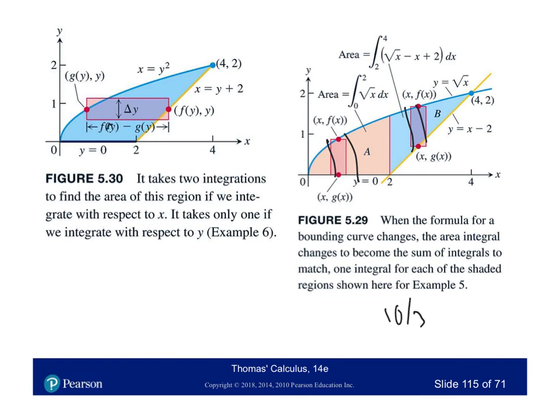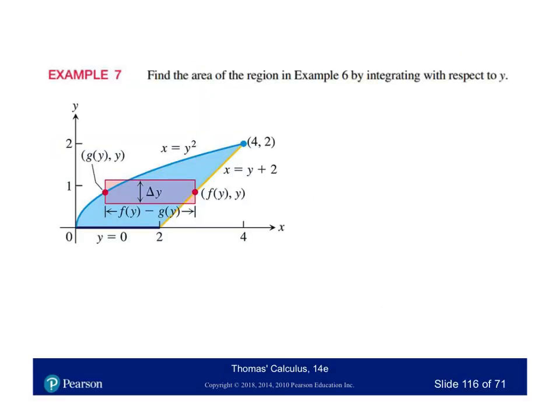It's the same picture, but there's an advantage to looking at it this way. I don't have two different pieces to worry about. This might actually be easier, so don't be afraid of it. Let's do it that way.